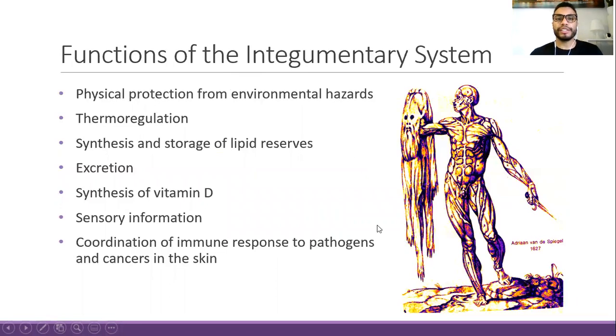The main functions of the integumentary system are that they offer physical protection from environmental hazards, including toxic substances that may be present in the air or in water. This also helps in thermal regulation, because we sweat and sweat cools down the body temperature.